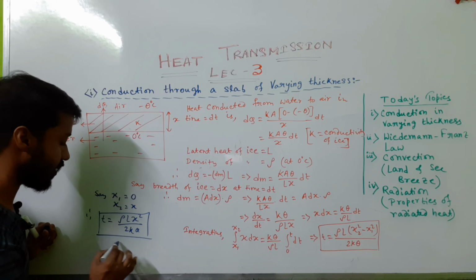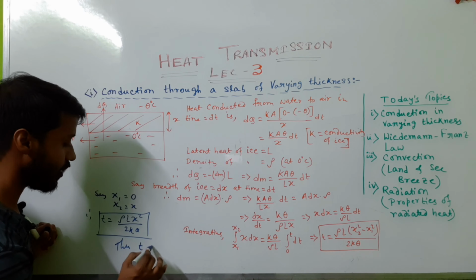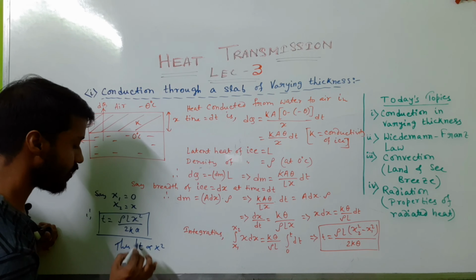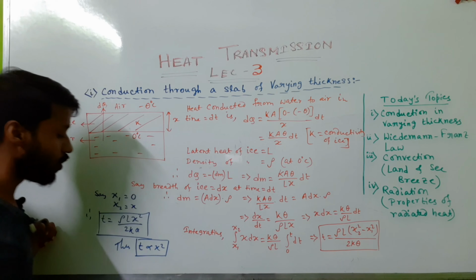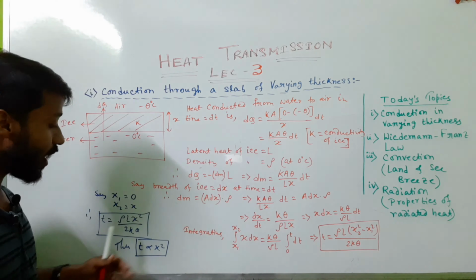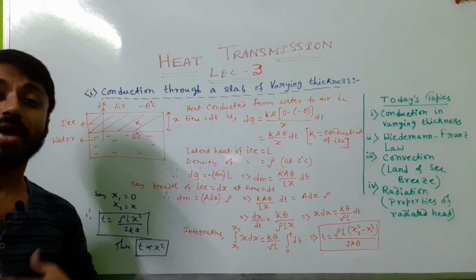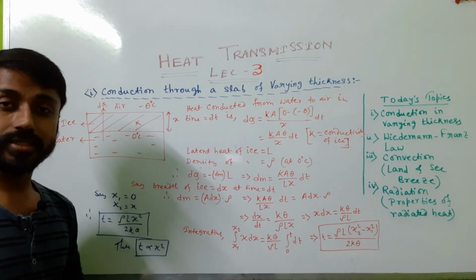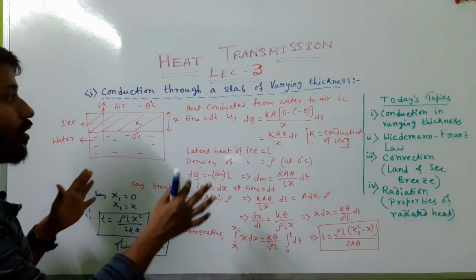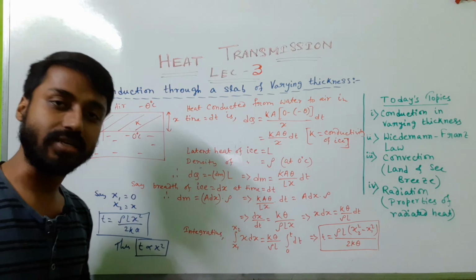This signifies that t is proportional to x squared. This is an important concept. So the time required will be proportional to the square of the width of the ice. Okay, so this is the conduction through a slab of varying thickness.